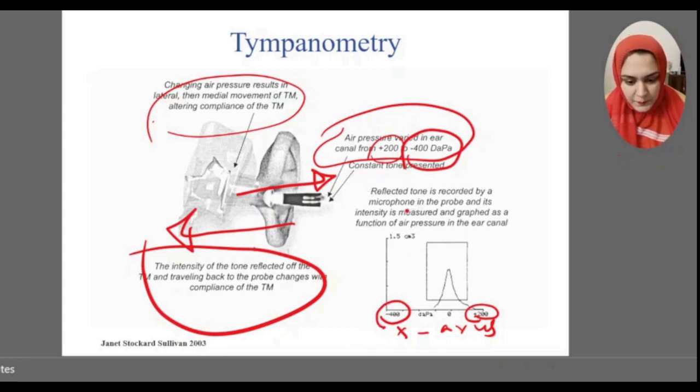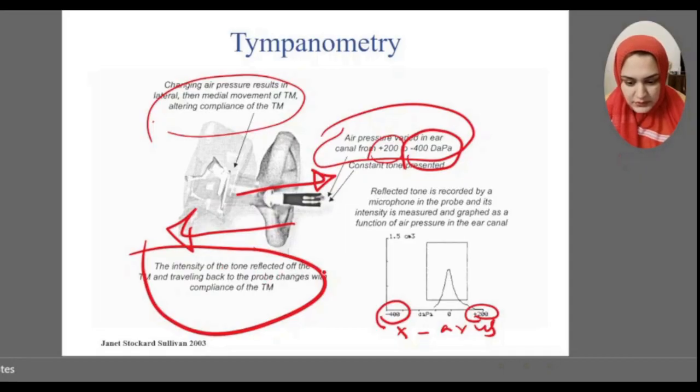Then the intensity of the tone that is reflected off the TM and traveling back to the probe changes with the compliance of the TM. So the compliance is plotted on the y-axis.